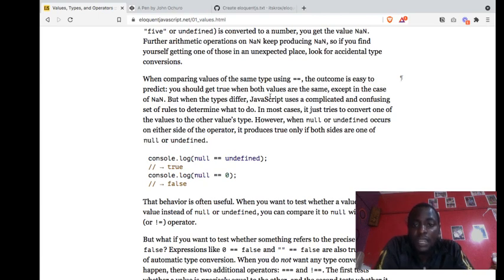However, when null or undefined occurs on either side of the operator, it produces true only if both sides are one of null or undefined. So, for example, console.log(null == undefined) is true. console.log(null == 0) is false.